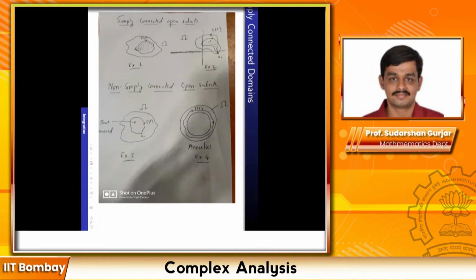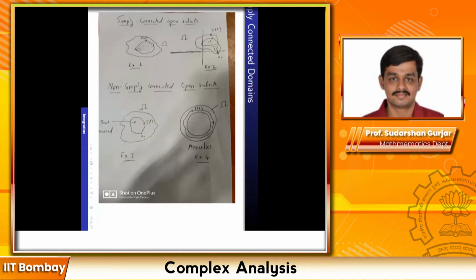Now there is one point which is interior to gamma, which is not in omega, namely the removed point. That is why omega is not simply connected here. And this is consistent with the fact that I cannot continuously deform gamma to a point. If I try to deform, I'll have to go past that removed point, but that point is not available to me, so I cannot deform gamma to a point.